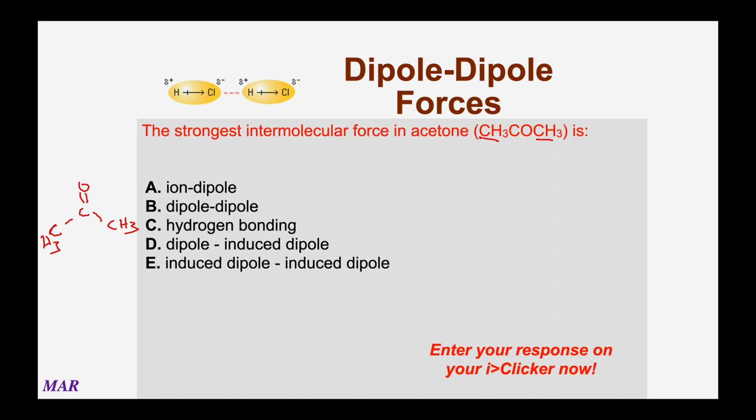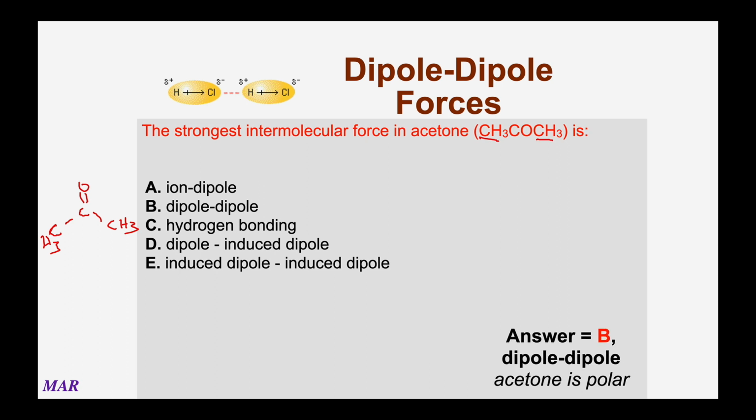Anytime you have a carbonyl, and that can be ketones, aldehydes, carboxylic acids, etc., carbonyls always make the molecule polar. So C double bond O is enough to make the whole thing polar. And things that are polar are going to have an intermolecular force best described as dipole-dipole.